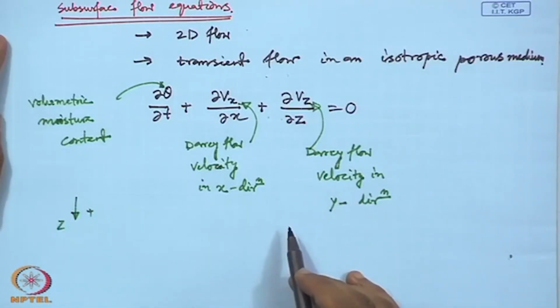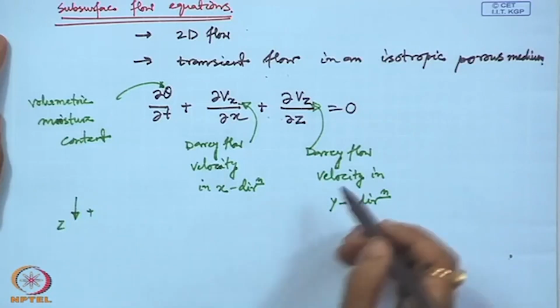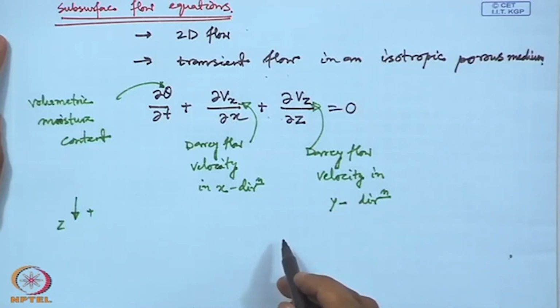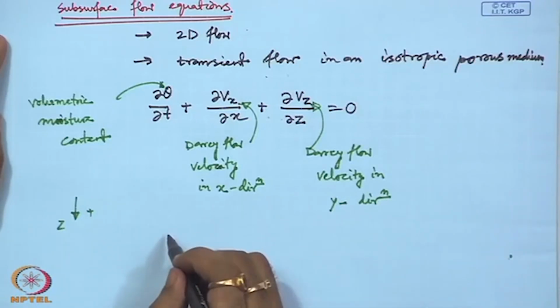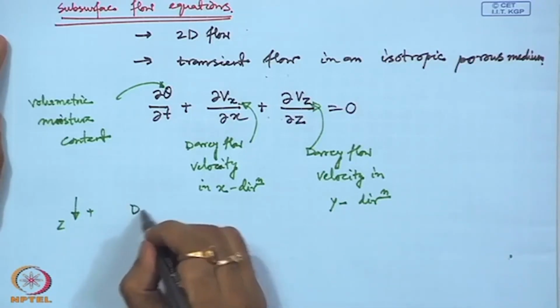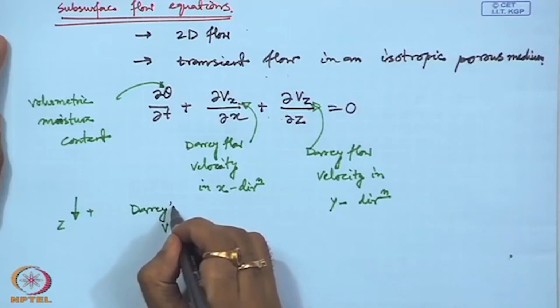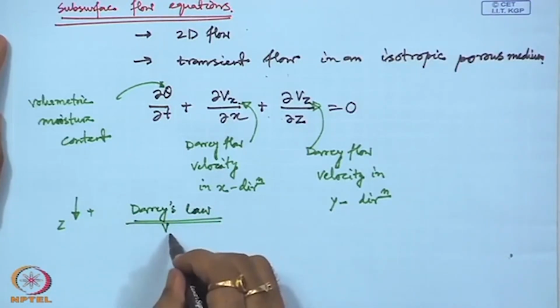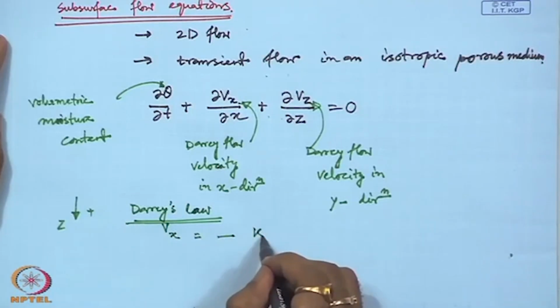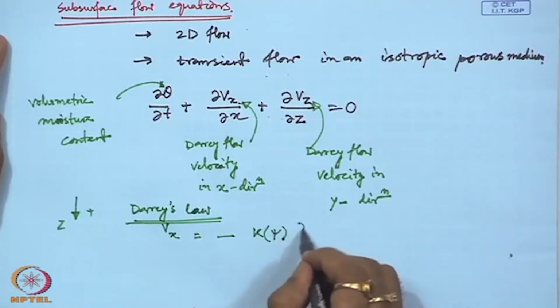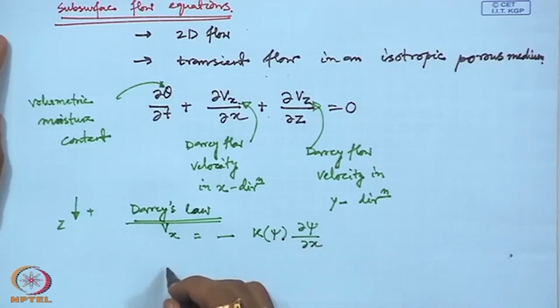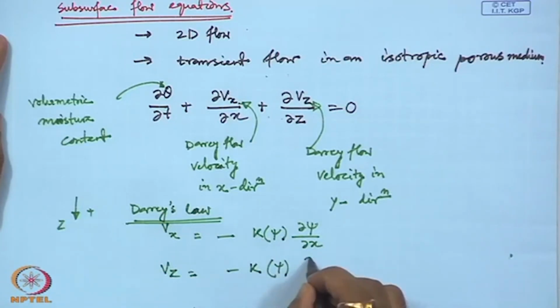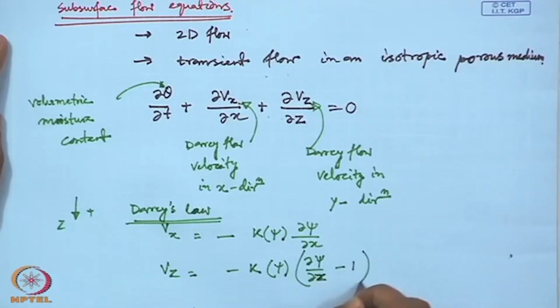So, for Darcy's law, the velocity components can be calculated as, this is for Darcy's law, Vx can be calculated as minus k psi del psi by del x, and Vz can be calculated as minus k psi, del psi by del z minus 1.